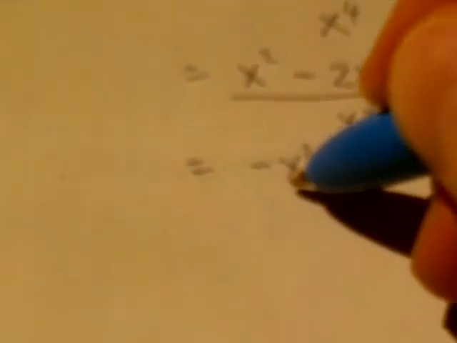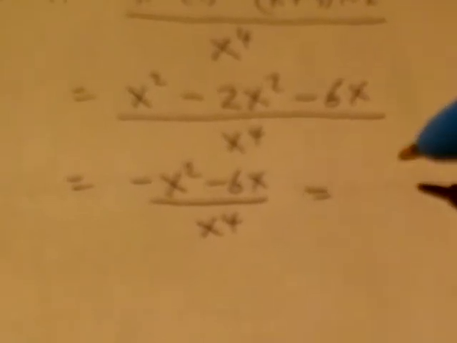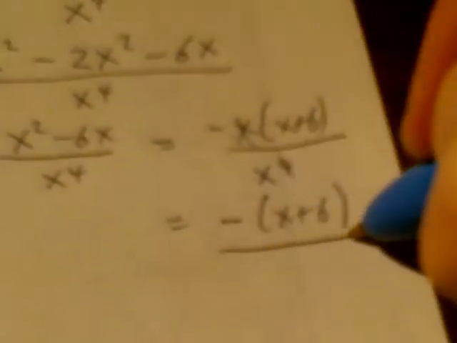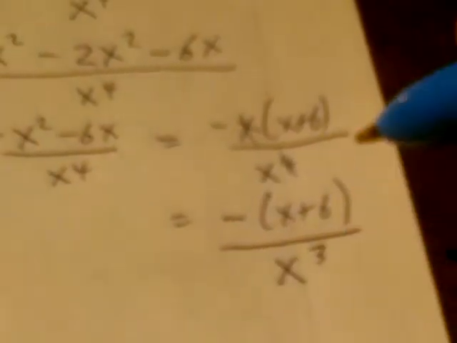And a little cleanup here, and we get negative x squared minus 6x over x to the 4th. And that's the same as, and we're going to factor out a negative x here, negative x times (x plus 6) over x to the 4th. And that will be, again, just canceling off those x's, negative (x plus 6) over x to the 3rd.